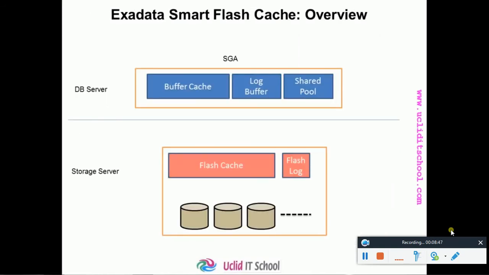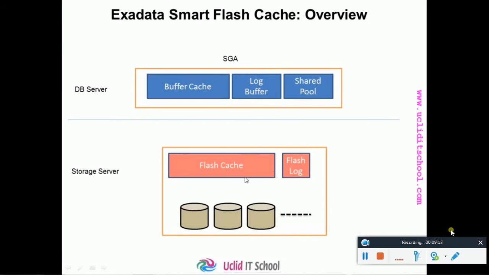Now, look at this slide. This slide has database server and storage server, two layers. On the storage server, you have hard disks. And on every storage server, by default, flash cache and flash log are configured.